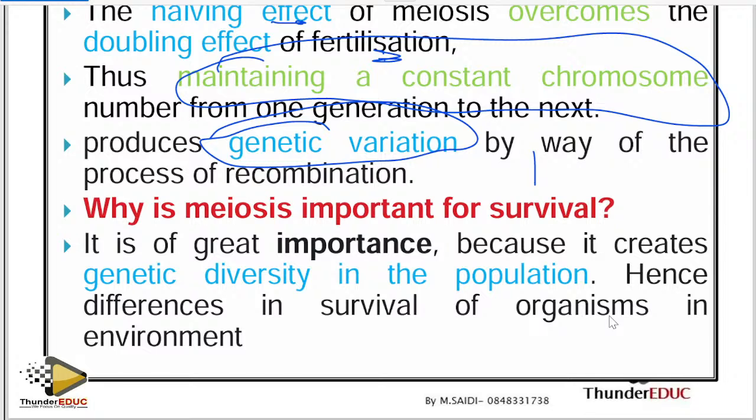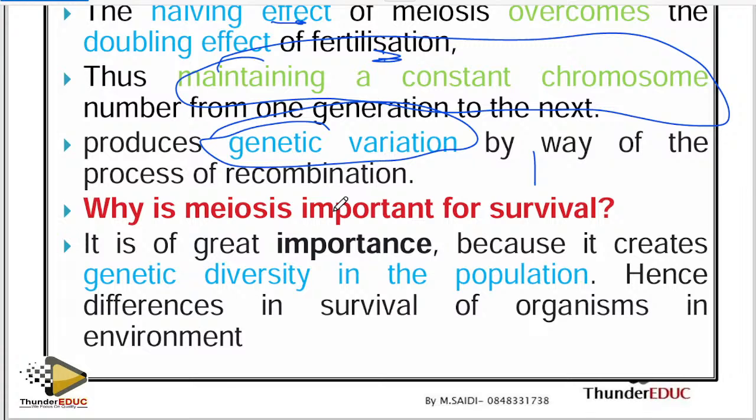Yes, in meiosis one, they were in pairs, and now in meiosis two, they are single. I think I've answered you. Yes, in meiosis one, the chromosomes are in pairs. We're going to see it when you go to the question. You will see how this question can be answered.